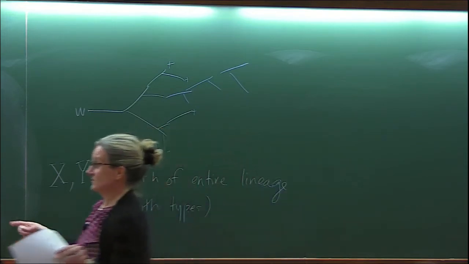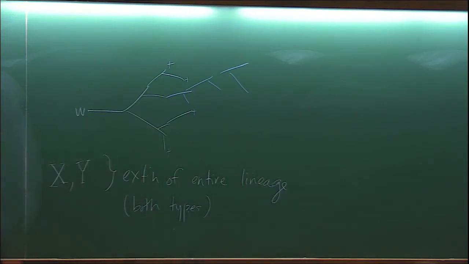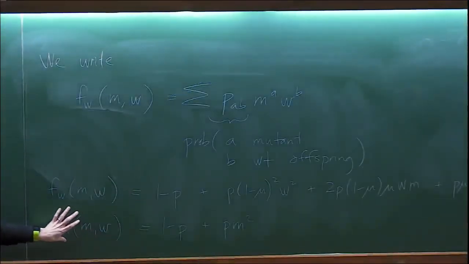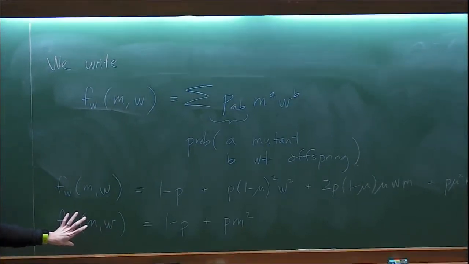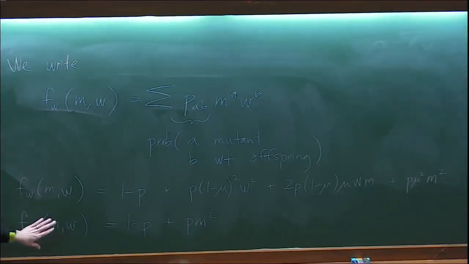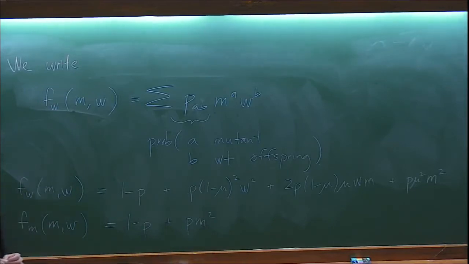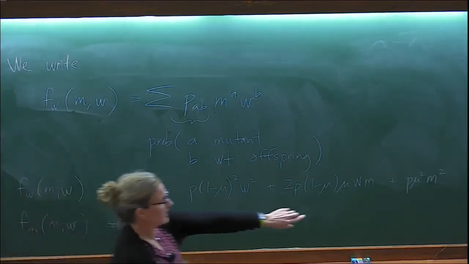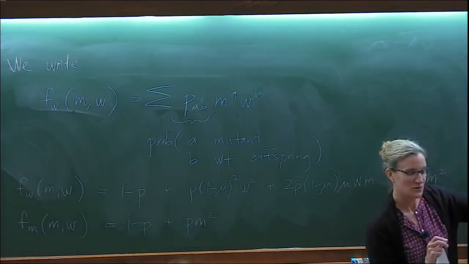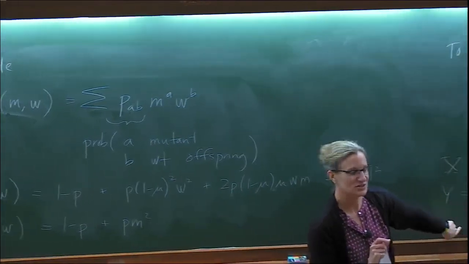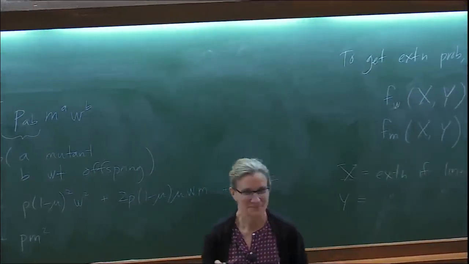But also I think you have the right intuition that we don't need X to know the extinction of Y. Here we don't need to care about this process of the wild type to figure out the extinction probability if we start with a mutant, because the mutants never go back. And that comes out in the math. To get that, you don't need to know anything about the wild type in this case, yeah.